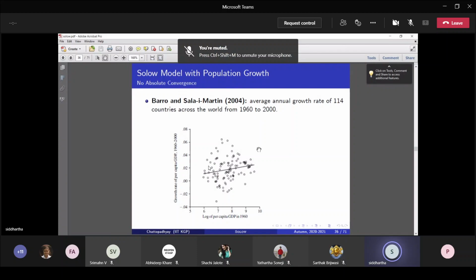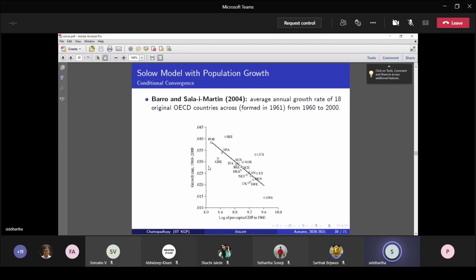Then people started thinking about what is happening. What they have done is this. Barro and Sala-i-Martin, same paper, the same graph they have plotted for 18 rich countries, developed OECD countries: Portugal, Ireland, Spain, USA, UK, Luxembourg, Germany, Great Britain, Australia, same graph. Now see, you have a negatively sloped line.